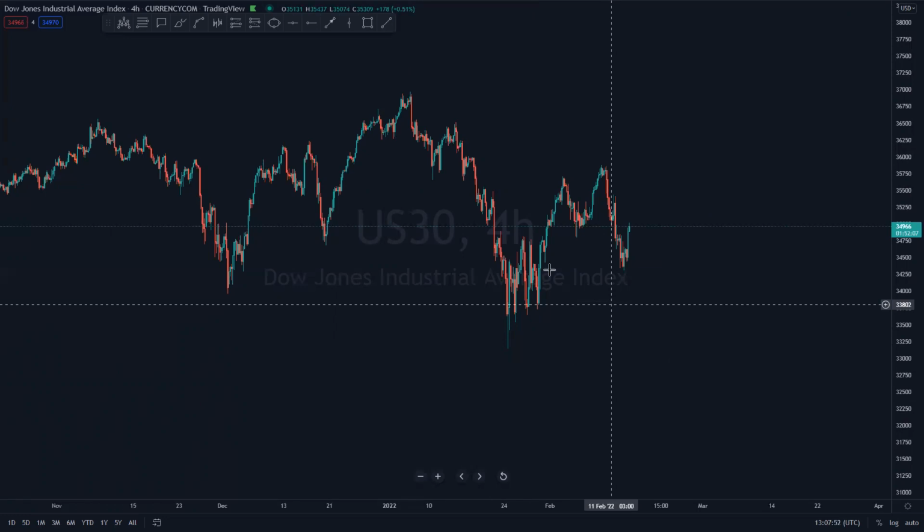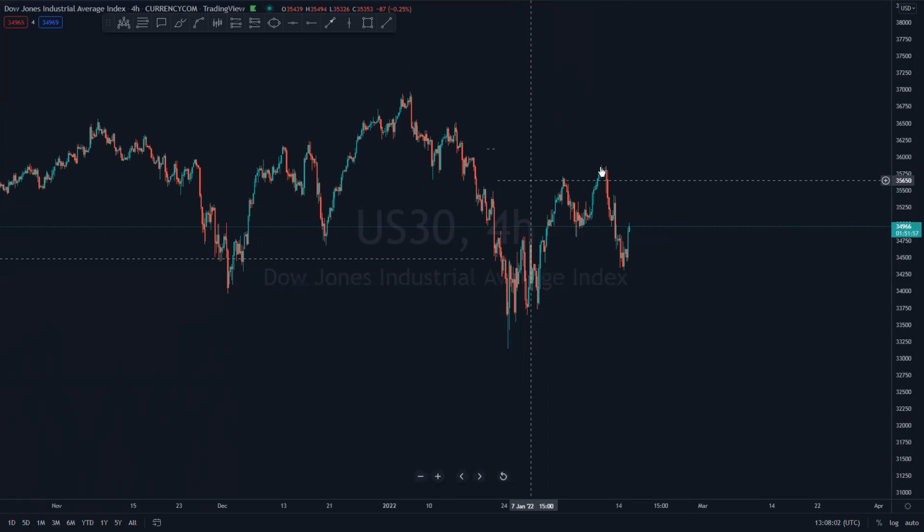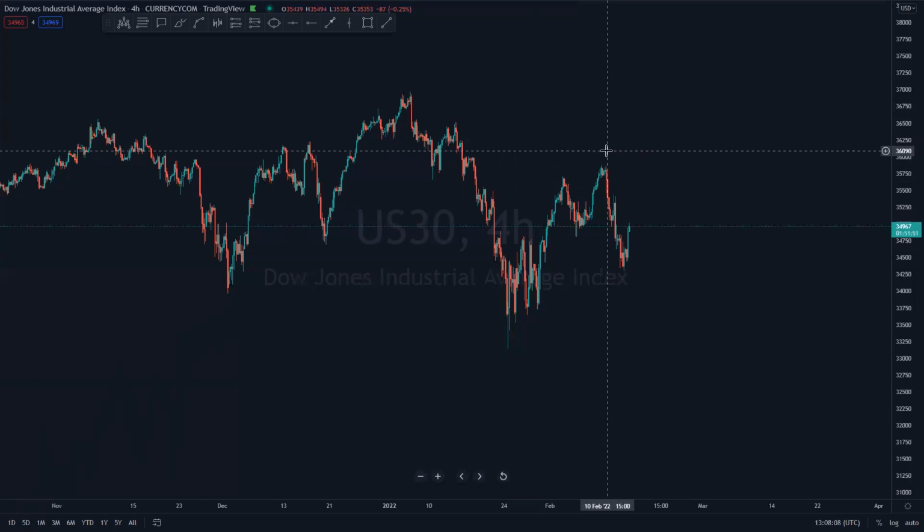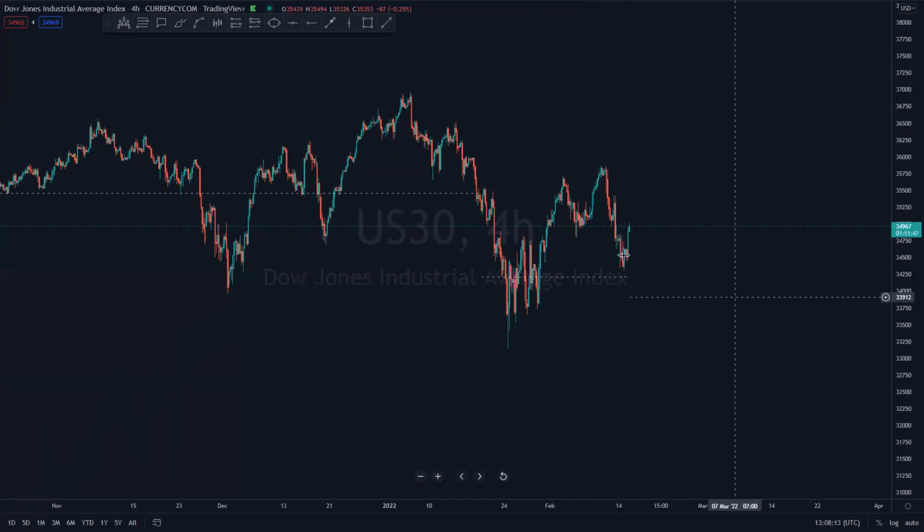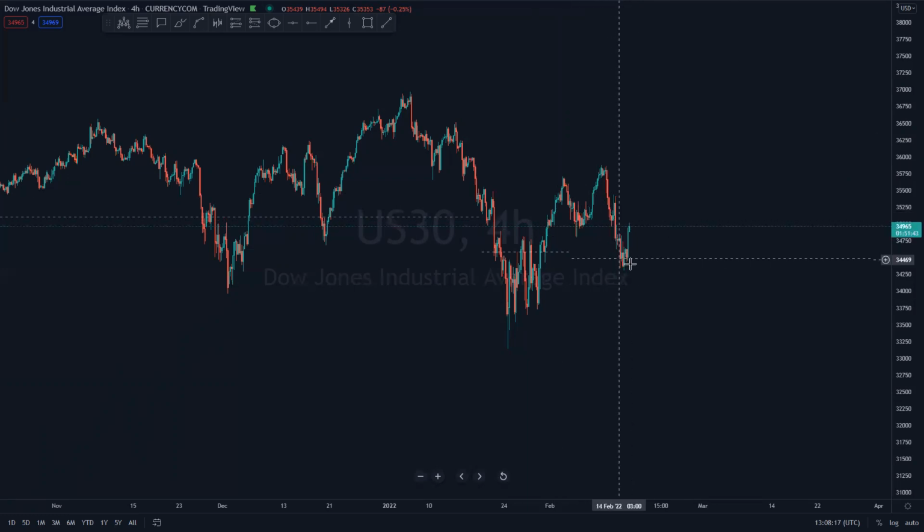What I see here is interesting. Before the price started to shoot to the downside, we had a head and shoulders: a first shoulder here, a head here, and a shoulder here. That's why the price broke our neckline and came to this point.